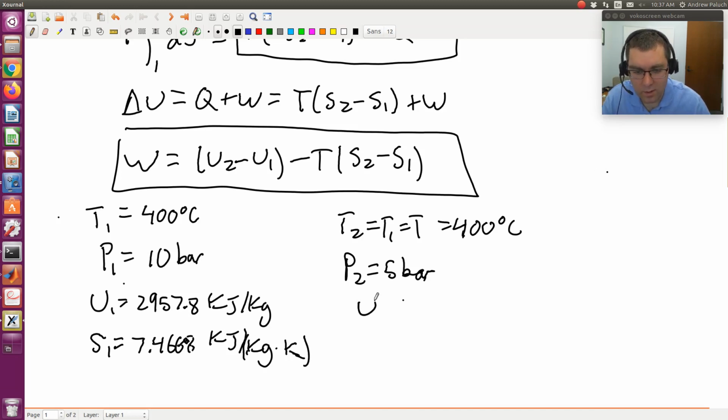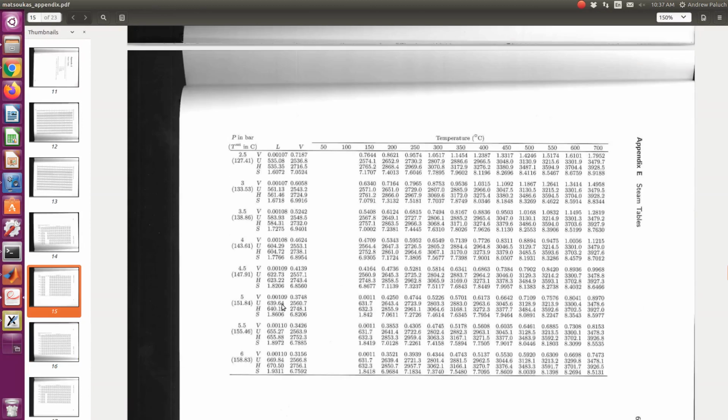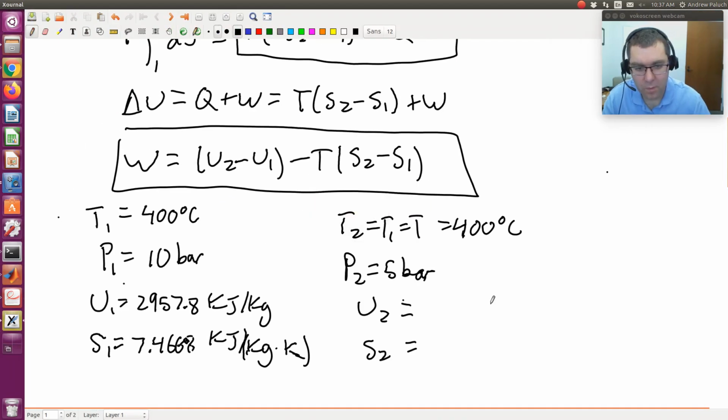Okay, then let's look up U2 and S2. So that's at 5 bar. So at 400 degrees, U2 is 2963.6, and that's kilojoules per kilogram.